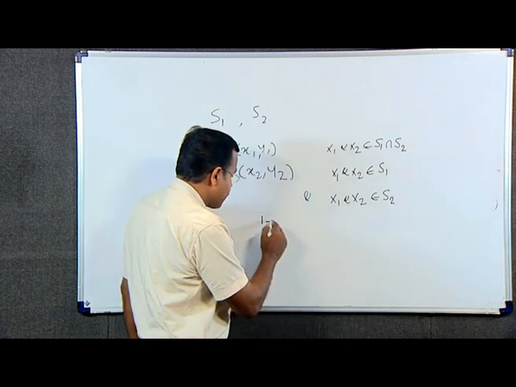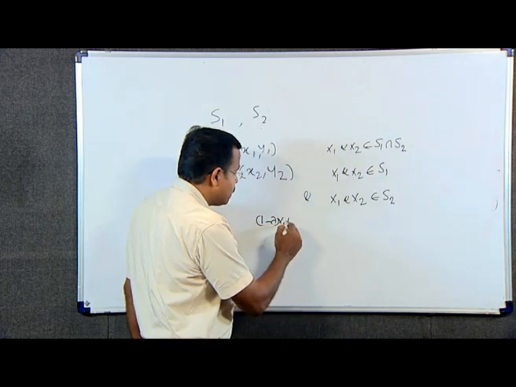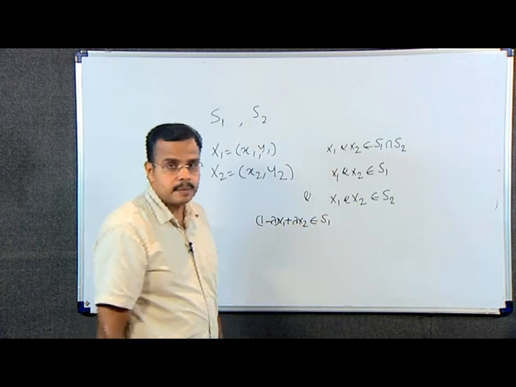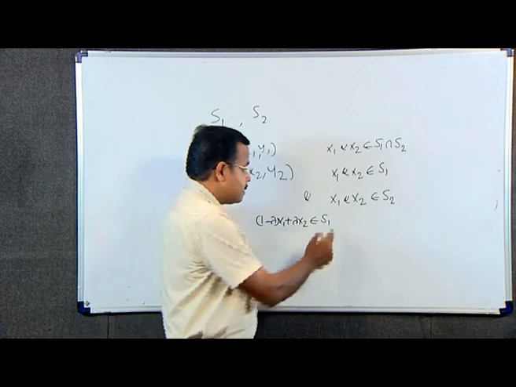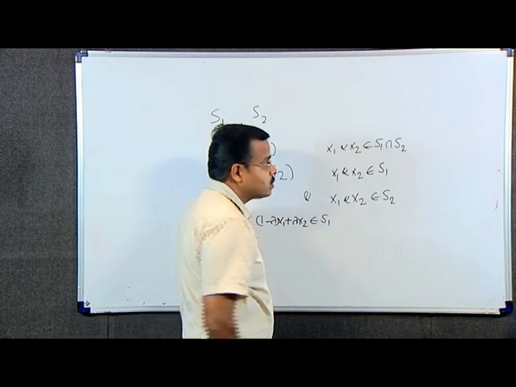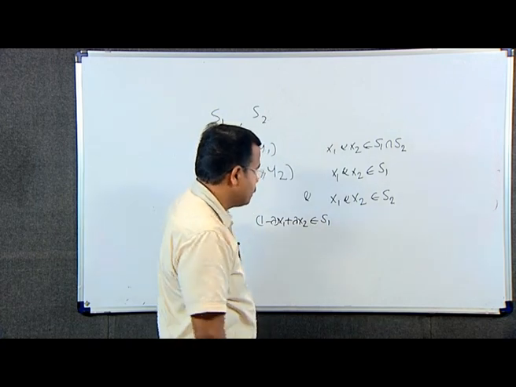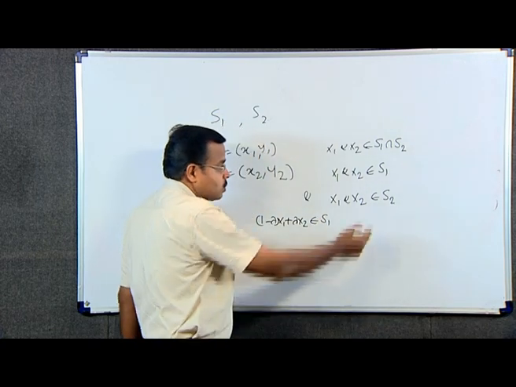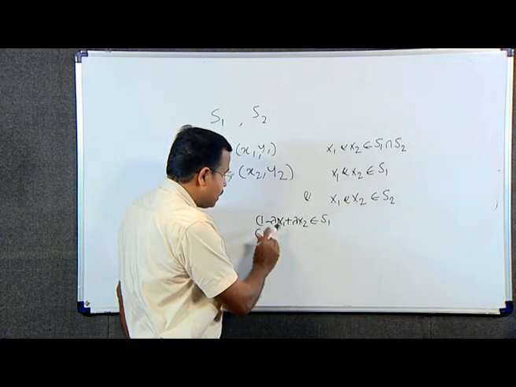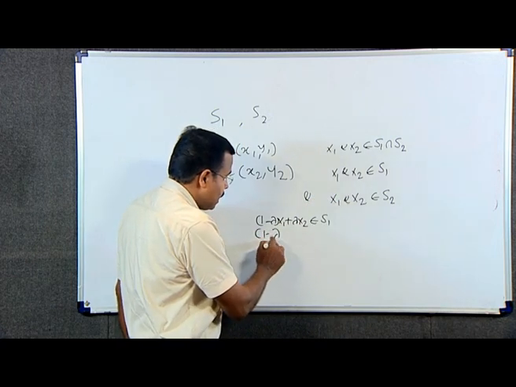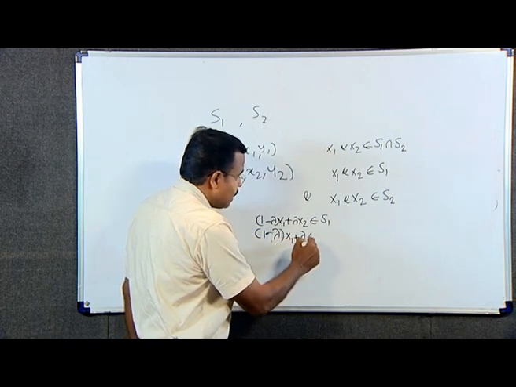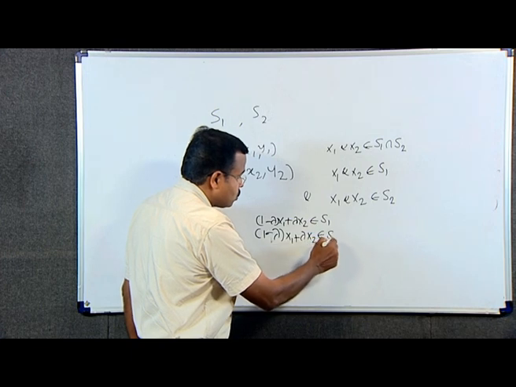That means (1 minus lambda) into x1 plus lambda into x2 also belongs to S1. Similarly, x1 and x2 belong to S2 because x1 and x2 belong to S1 intersection S2. If x1 and x2 belong to the convex set S2, then the convex linear combination (1 minus lambda) into x1 plus lambda into x2 also belongs to S2.